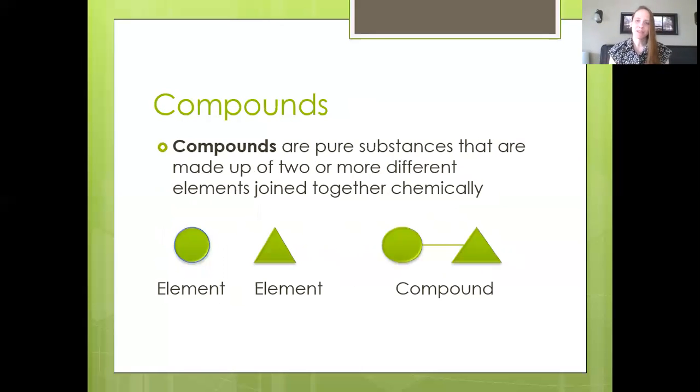Compounds are pure substances that are made up of two or more elements that are chemically joined together. So for example, if I had sodium and I had some chlorine, those are both elements. I can chemically join those together to make the compound salt.